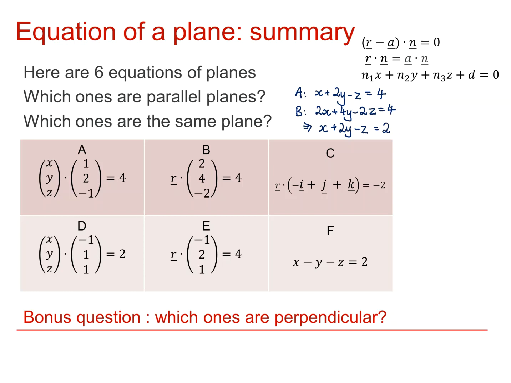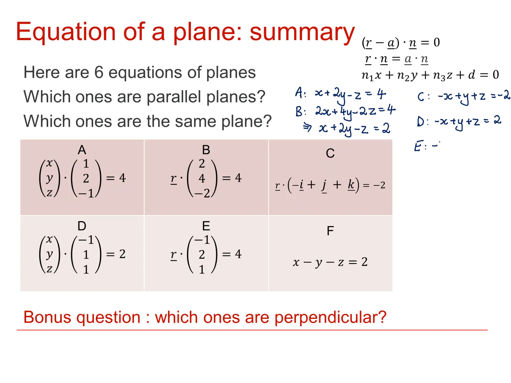And therefore planes A and B are parallel to each other. Plane C is different. We get minus x plus y plus z equals minus 2. For plane D, we get minus x plus y plus z equals 2. So that's parallel to plane C.